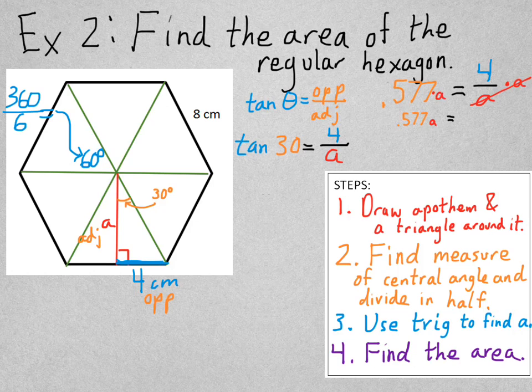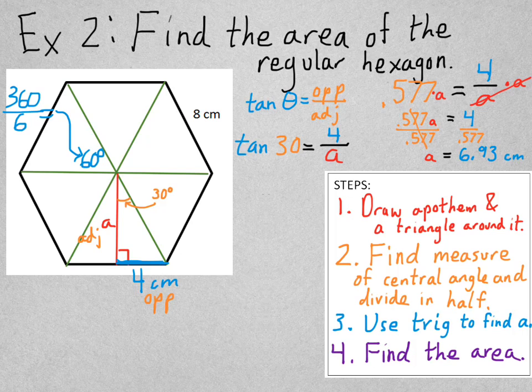Then multiplying both sides by A, I'd have 0.577A equals 4. Divide both sides by 0.577, and don't forget, use all the decimal places in the calculator by using the answer button. And then I'd conclude that my apothem is 6.93 centimeters.